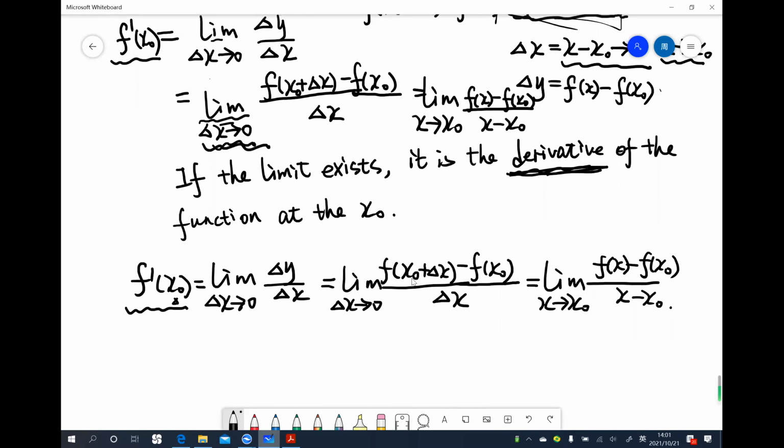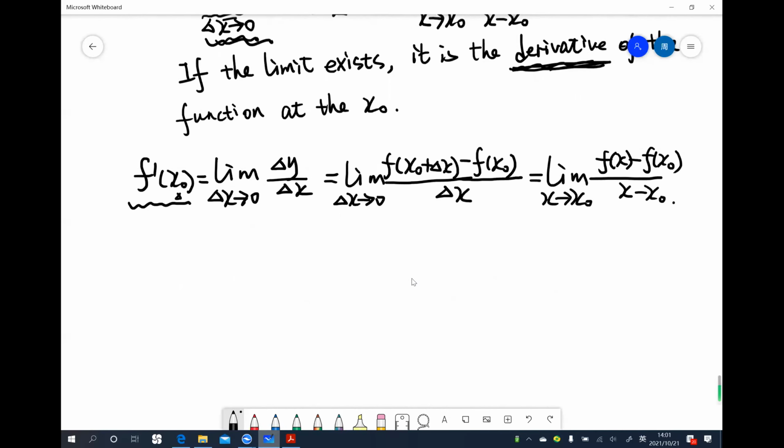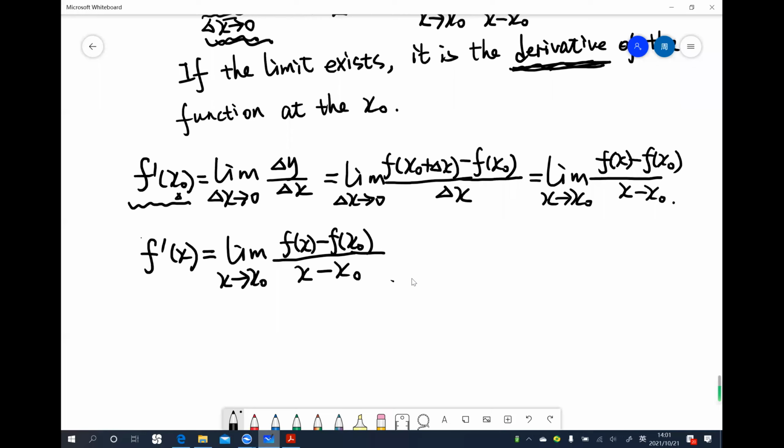So here we can write f prime x equals the limit as x approaches x0 of f of x minus f of x0 over x minus x0. This is the expression we use most.